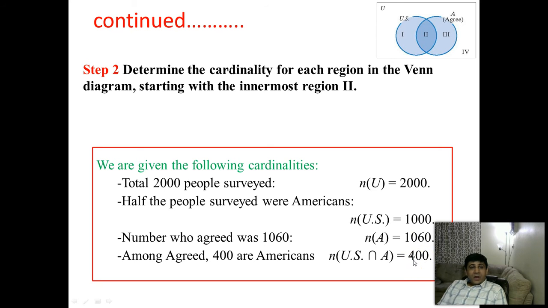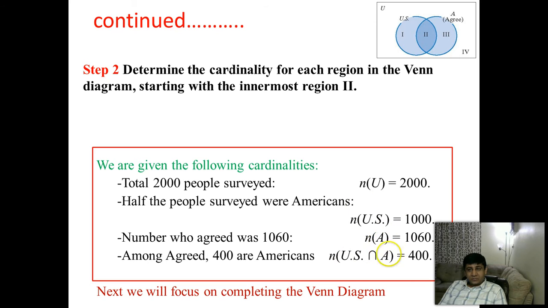Next we will use all these numbers to complete the Venn diagram by filling in the numbers in each region, step by step.